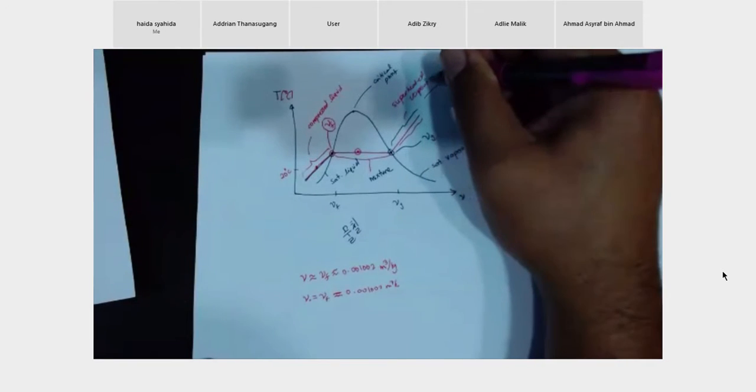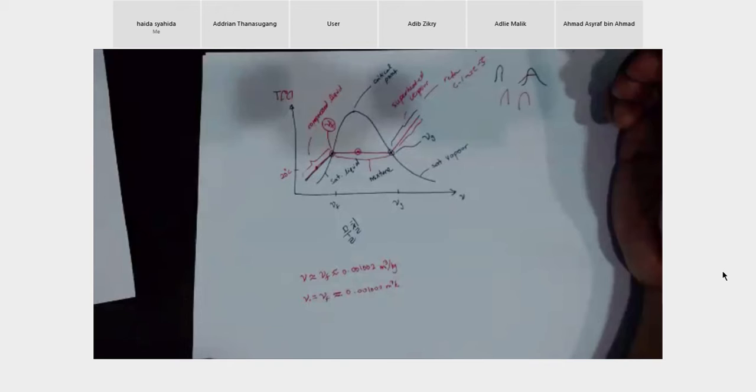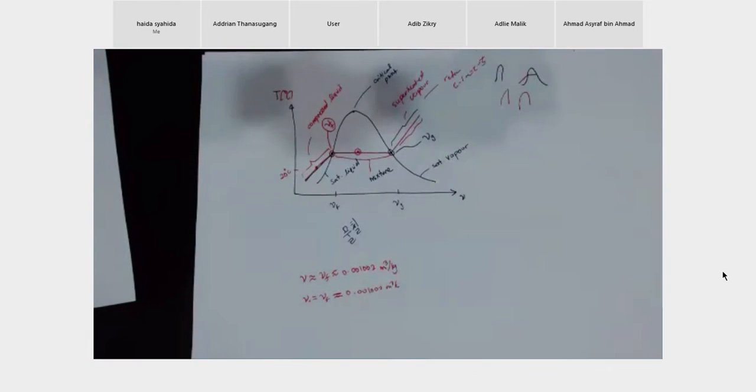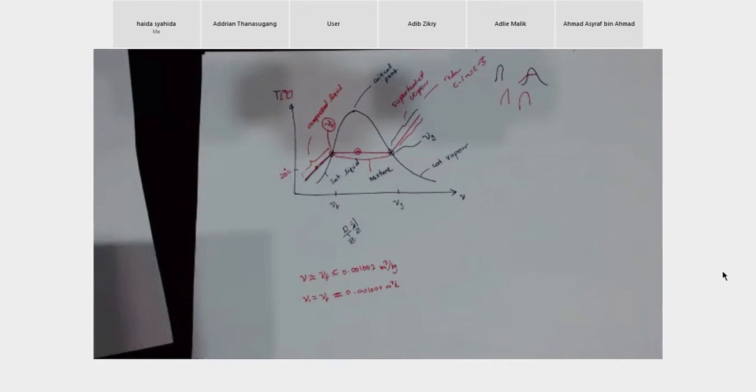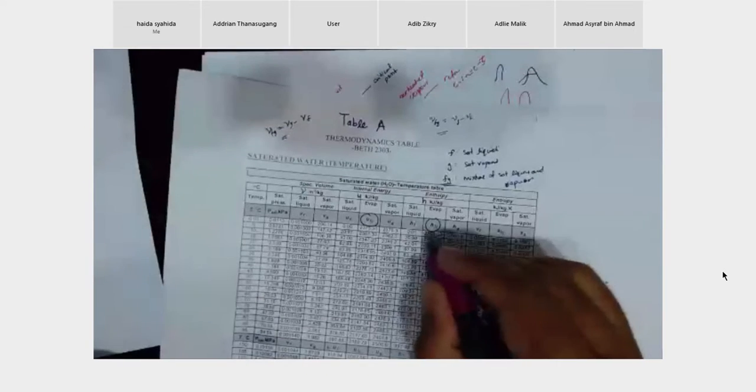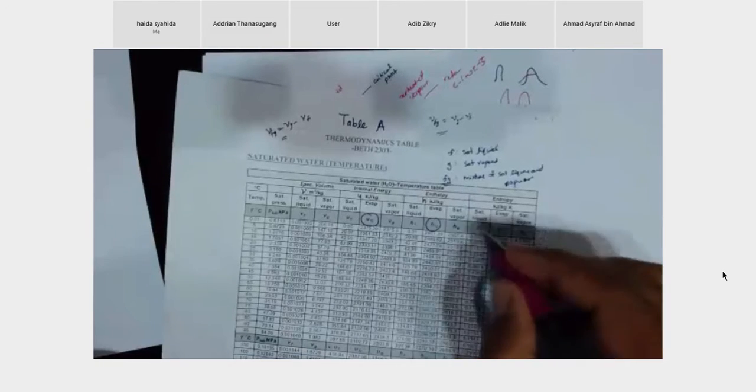Dalam bahasa Melayu we call it wap lampau, wap tepu terlampau. Dia macam over, superheated. Okay, so superheated, that's why the table here goes until VG, until UG, until HG.